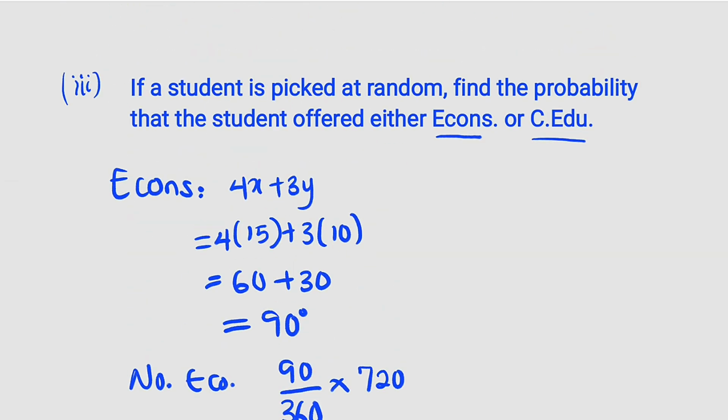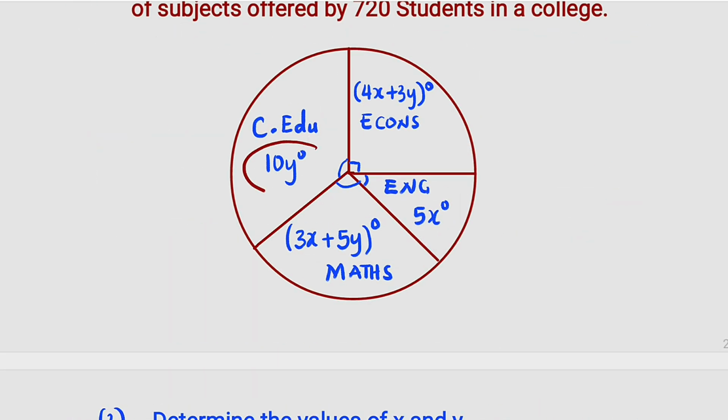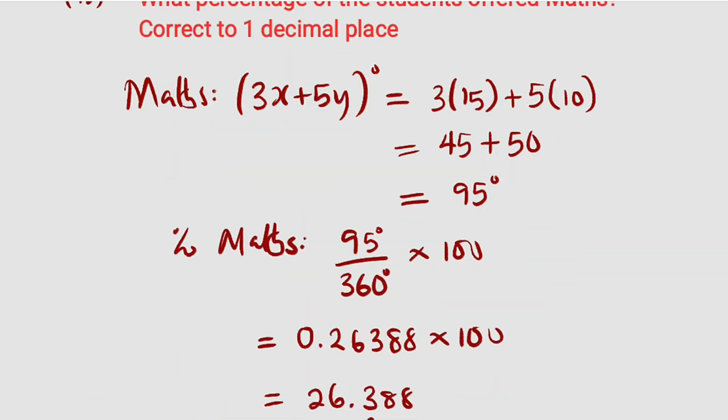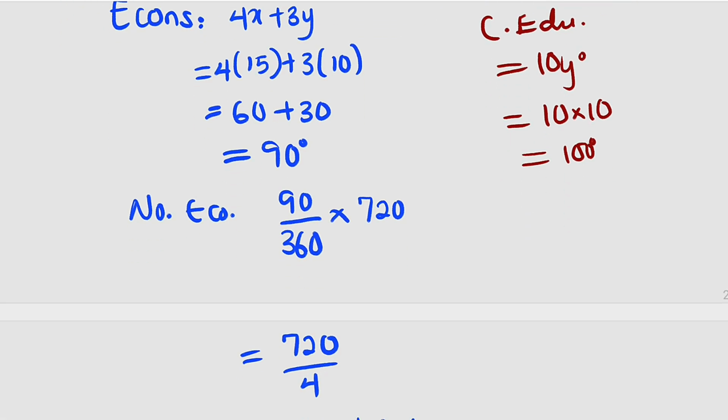Now going back to civic education, we have just 10y degrees, which is equal to 10 multiplied by 10, which is 100 degrees. The angle subtended by that sector is 100.